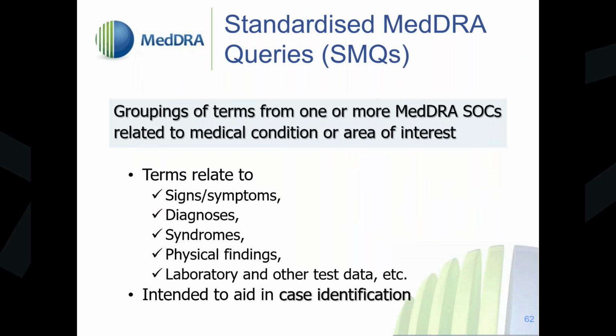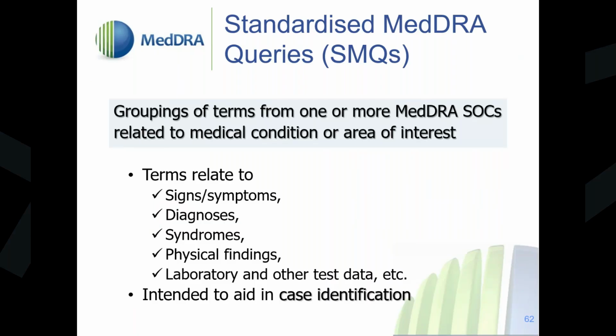And I can look at my data in both primary and secondary system organ classes, but I might still miss some relevant terms that reside in other system organ classes, not necessarily multiaxial. Some of my source data may include signs and symptoms and diagnosis. I might even have physical findings. I might have lab data or other test data.